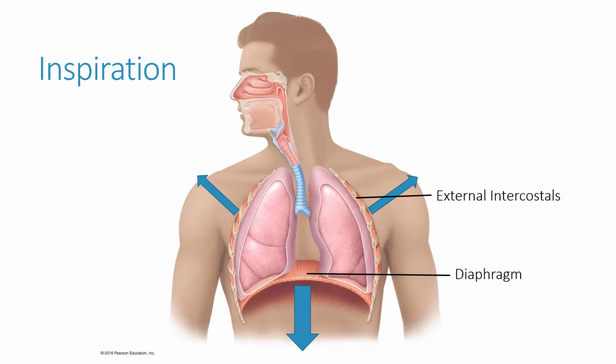Normally, inspiration is an active process that causes small changes in this overall volume. However, we can actively increase inspiration by forcefully contracting the diaphragm down and exerting extra effort to contract the external intercostals up. This extra contraction creates even more room, which reduces pressure even further and causes an even bigger breath to move in.